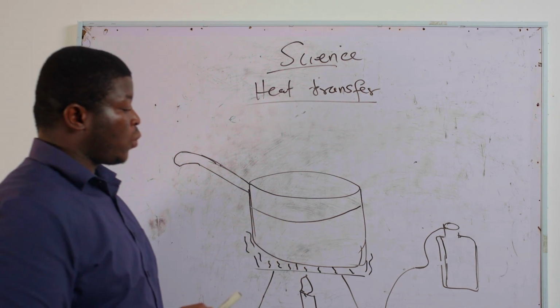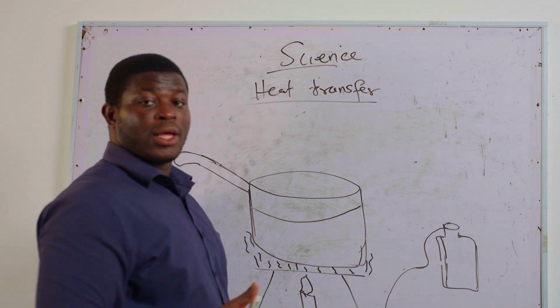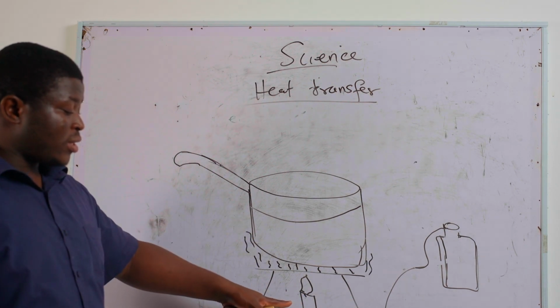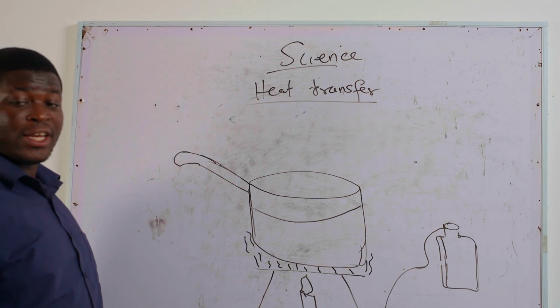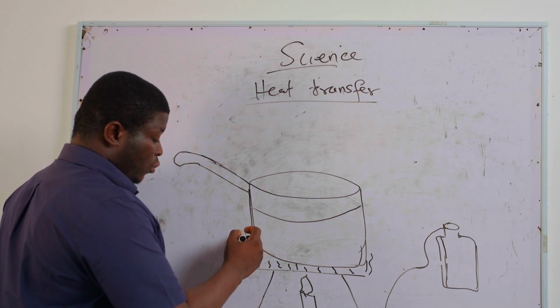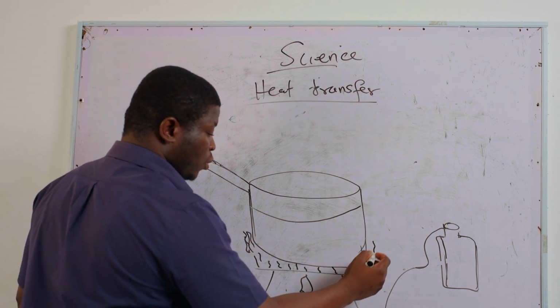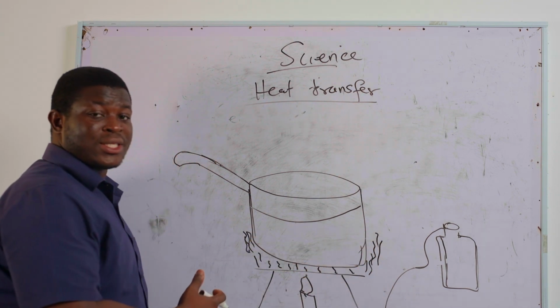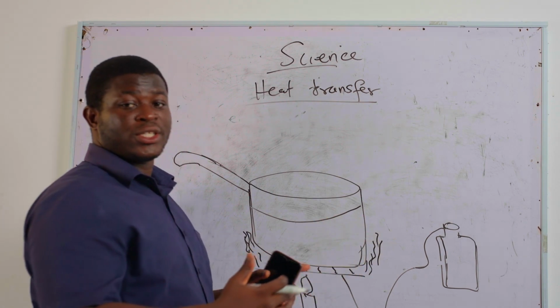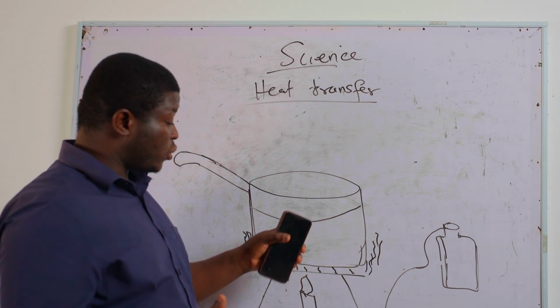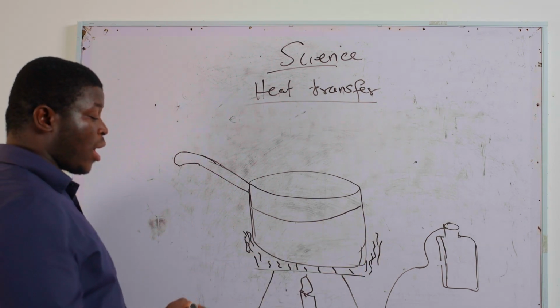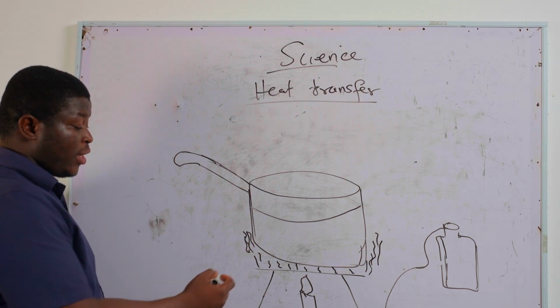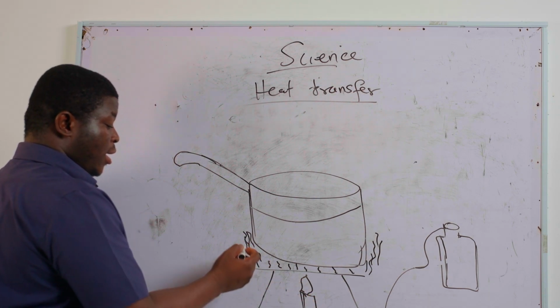Now, when the heat is applied, you can see that heat from this side is transferred through vacuum. So when you bring your hand to the sides of the cooking pot or the side of the container that is on fire, you'll be able to feel the heat from the source over here.